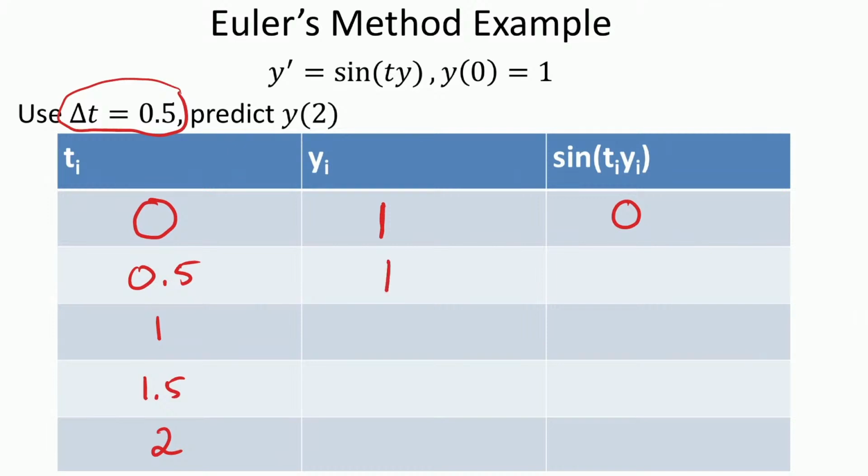I better write down Euler's method: y sub i+1 is equal to the old y sub i, plus the slope. How am I going to write this? I guess I'll write it this way: f evaluated at t sub i, y sub i, times delta t.